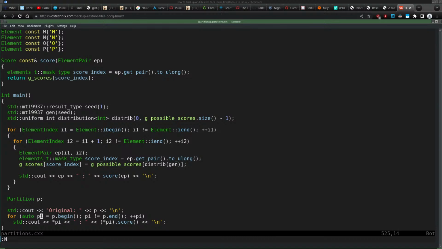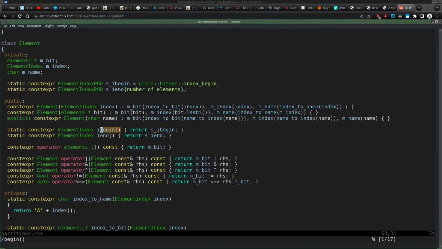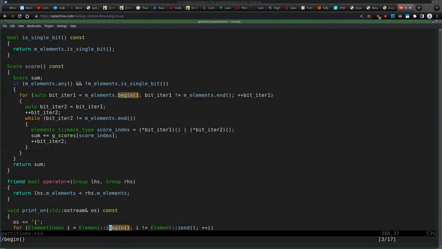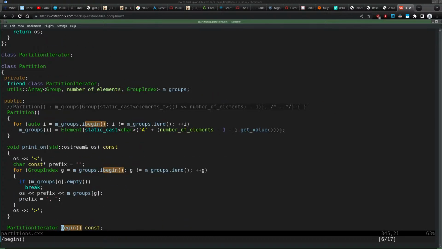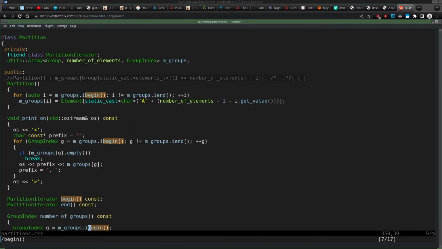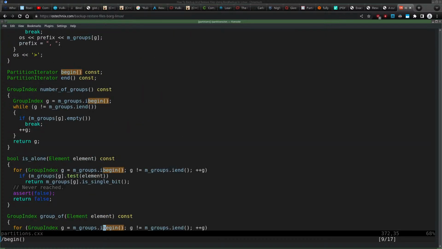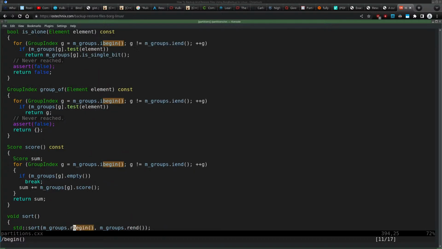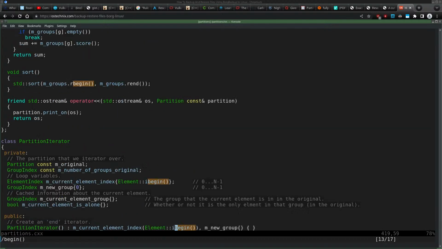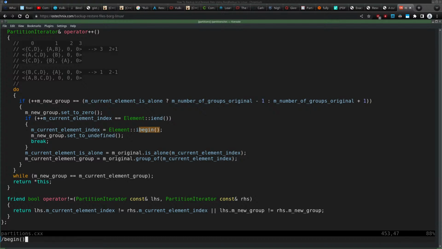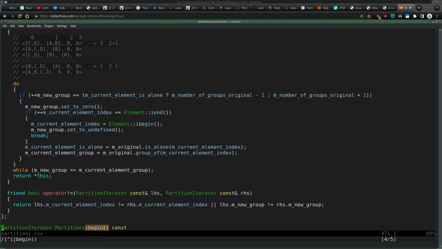So here we get the partition iterator that is set to the begin of the partition.